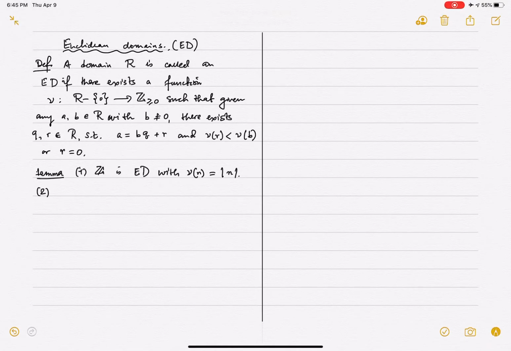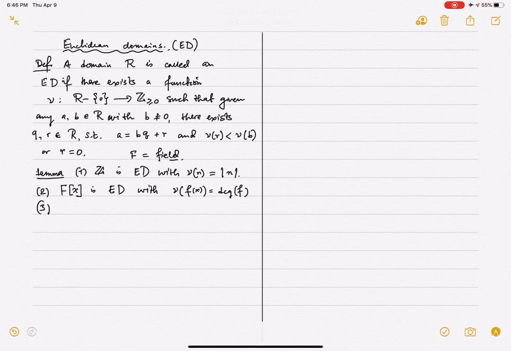Example 2, a polynomial ring over a field is a Euclidean domain with nu of a polynomial being the degree of the polynomial. So here F is a field. And again, the proof is division with remainders, literally.